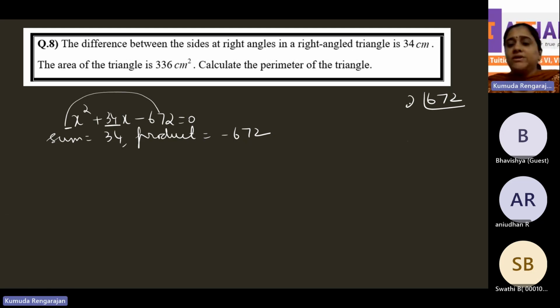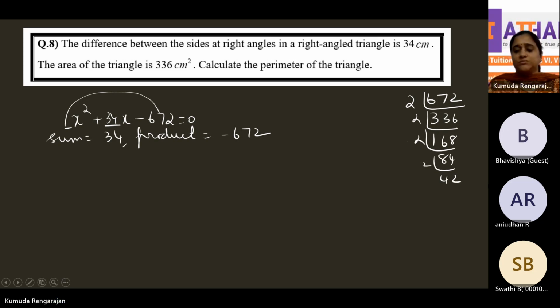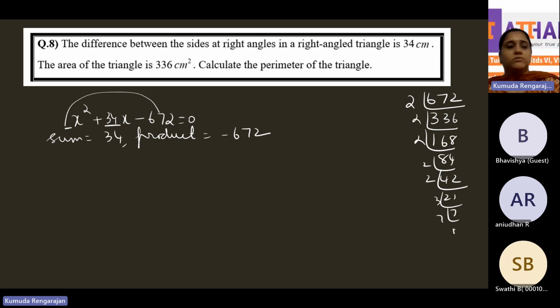So 2 how many times? 336 times. 2, 168, 2, 84, 2, 42, 2, 21, 3, 7. Now you should use all these numbers in the product. What is 672 made up of?